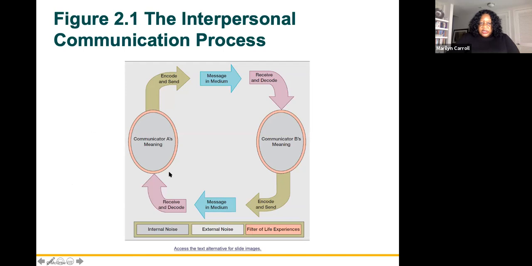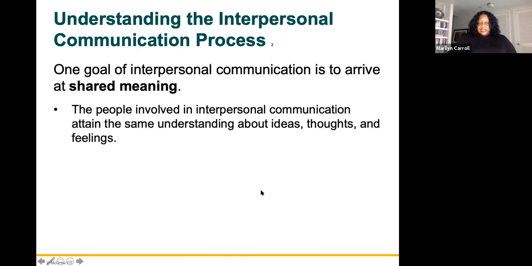So this process goes from communicator A's meaning, encode and send, message in medium, receive and decode, communicator B's meaning, encode, and back around. It's a never-ending process. One goal of interpersonal communication is to arrive at a shared meaning. That means the people involved attain the same understanding about ideas, thoughts, and feelings.